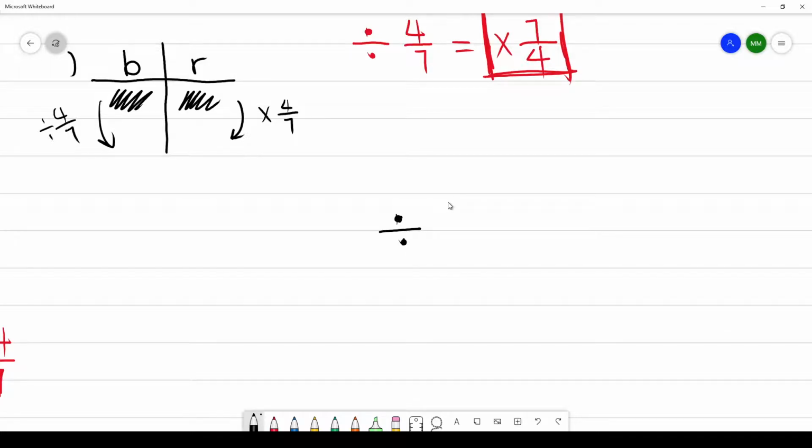Divide something by 9/5. What is this equal to? Times it by what? Type the answer into the chat. Yes, 5/9. Yep.